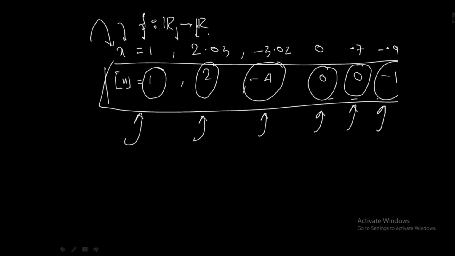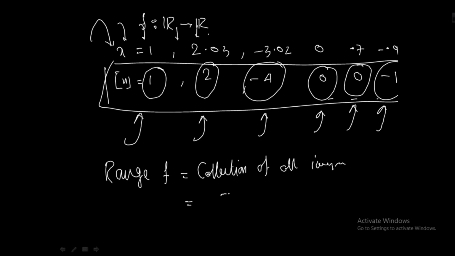So I can say the range, that means the collection of all images, is nothing but the set of integers. It will contain each and every integer, and which is not equal to the codomain R. So this function f is not onto.